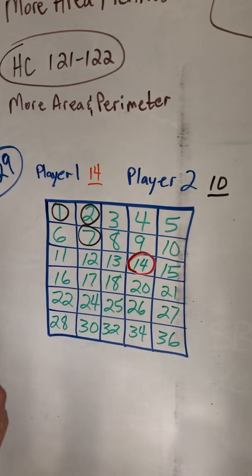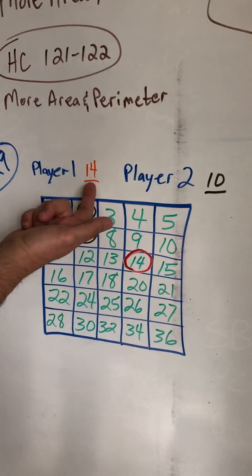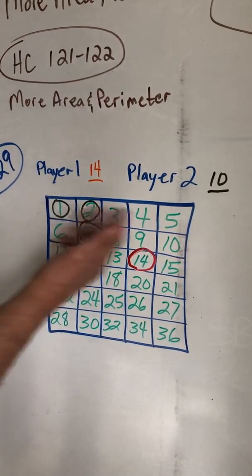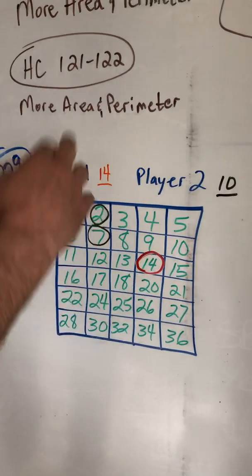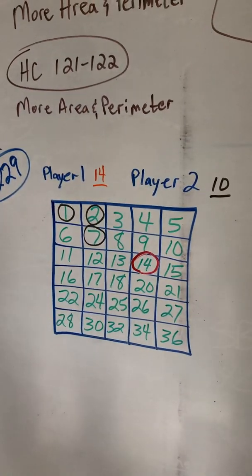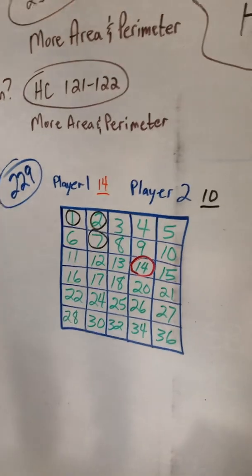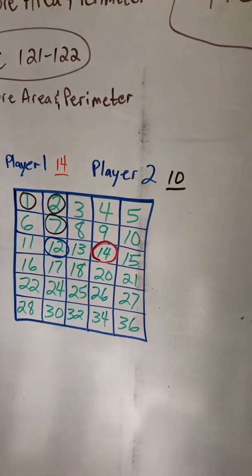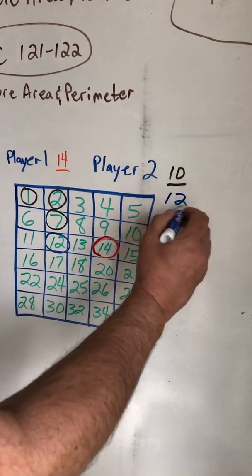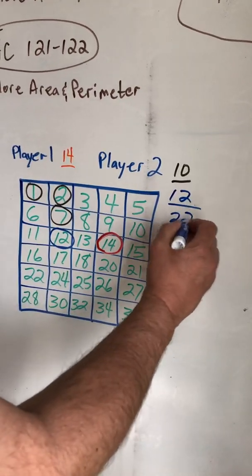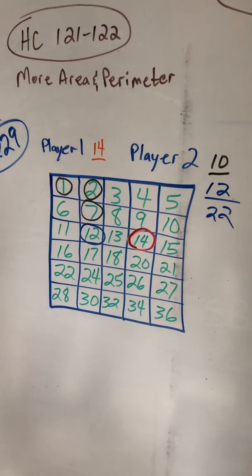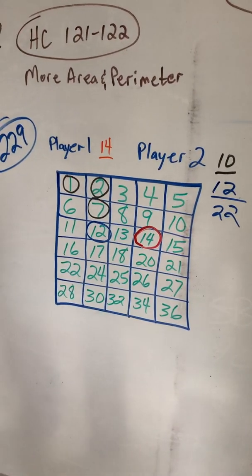So round 1 is over. Player 1 has 14 points. Player 2 has 10, because 7 plus 2 plus 1 is 10. Now, player 2 goes next time, okay? And let's say player 2 picks 12, okay? So player 2, you're going to end up with round 2, 22, but now player 1 has to find all the factors that they can for 12.